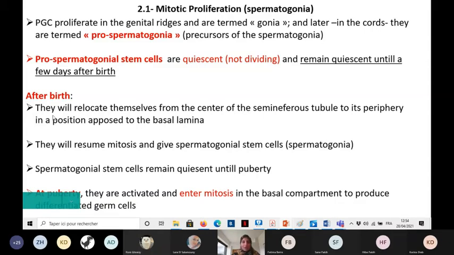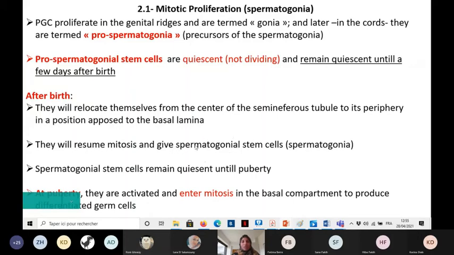So after birth, the prospermatogonial cells will migrate from the center of those tubules. They are not hollow yet. They will move to localize themselves adjacent to the basal lamina. They will sit close to the basal lamina, and then they will divide a little bit.